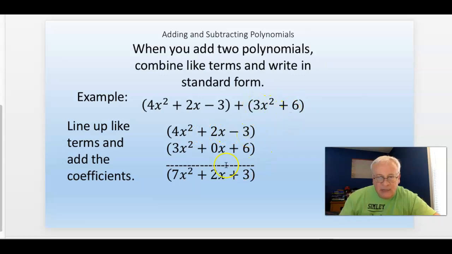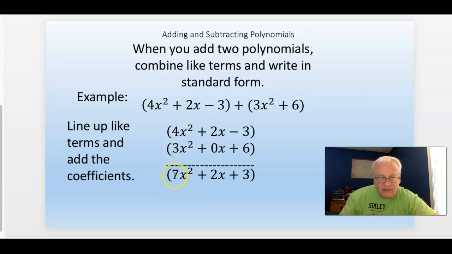And the second one, I write it in standard form, putting like terms one on top of each other. Now, this doesn't have any x's in it. There's no x term, so I just put a placeholder in here, 0, just as if we were adding up columns in place values, like adding up numbers, like 123. Okay? And then just add up the like terms.